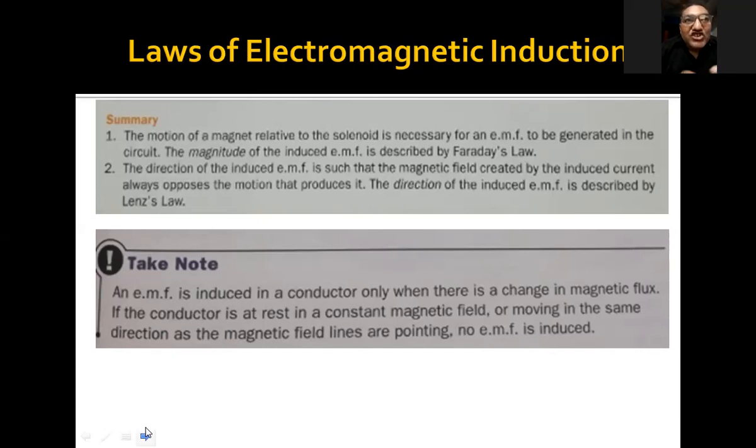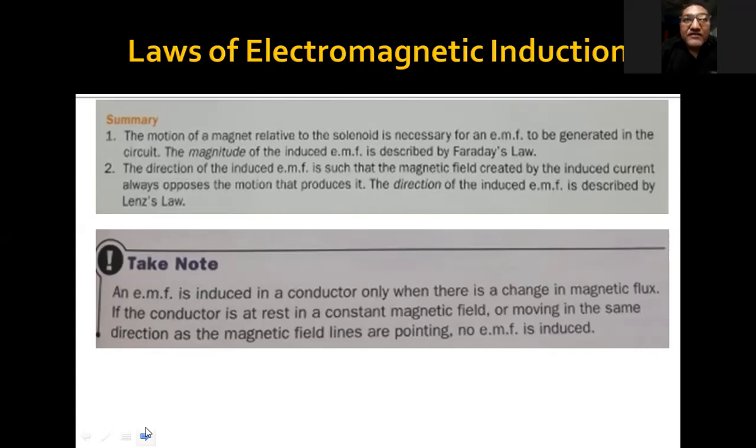The magnitude of the induced EMF is described by Faraday's law. The direction of the induced EMF is such that the magnetic field created by the induced current always opposes the motion that produces it. The direction of the induced EMF is described by Lenz's law. You should remember this, take note.